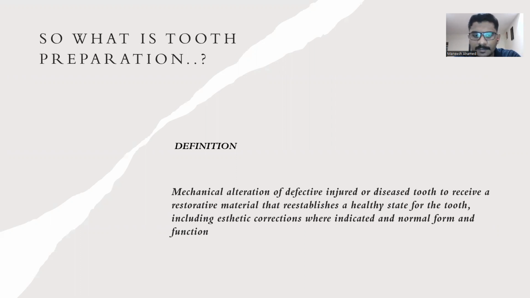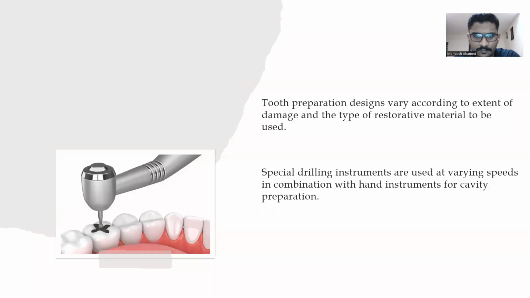So basically, it is a mechanical preparation of the tooth surface that removes the defective or injured tooth structure. And we do this to facilitate the placement of a restorative material that would reestablish the healthy state of the tooth. That is the definition of tooth preparation.